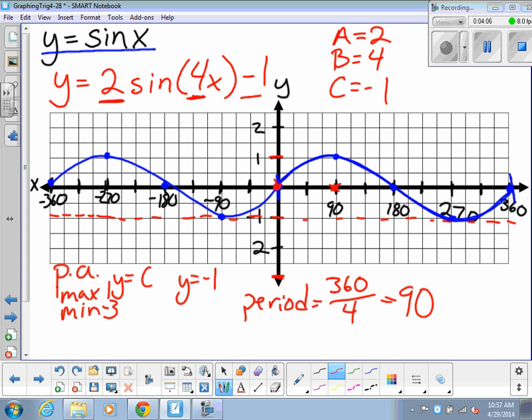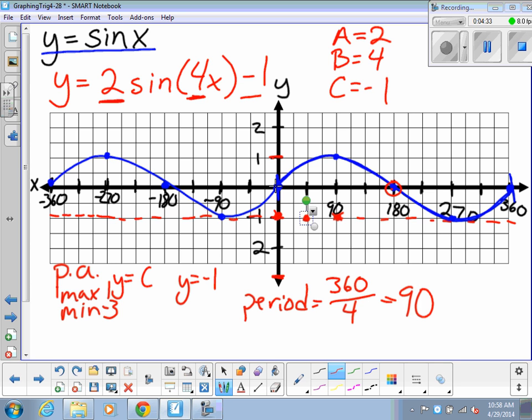Halfway between my start value and my end value, I'm going to have another point right in the middle. But I'm doing all of this wrong because these should all be on the principal axis, which is down here at negative 1. So I apologize. We'll move these. So there I have my point on the principal axis where it starts, my point on the principal axis where it's going to stop, and right in the middle where it crosses the principal axis again.